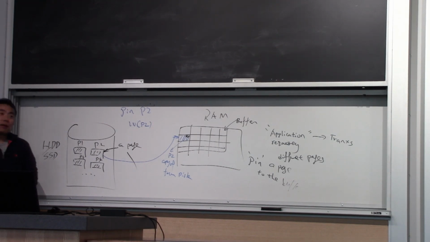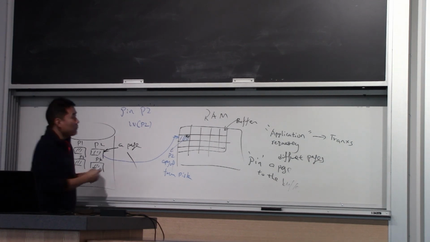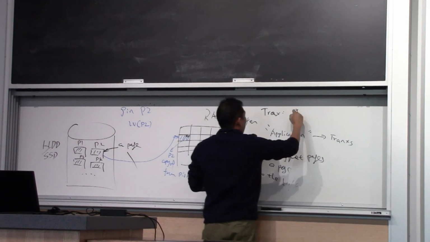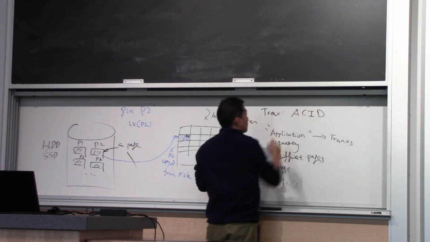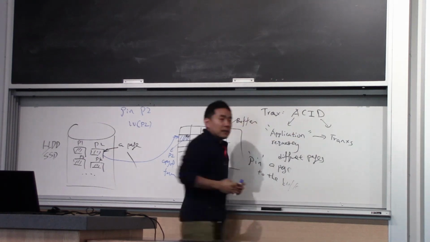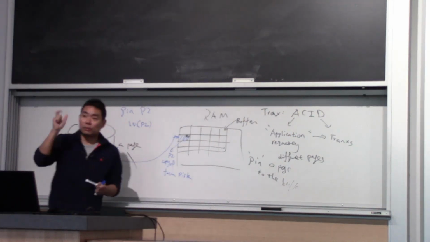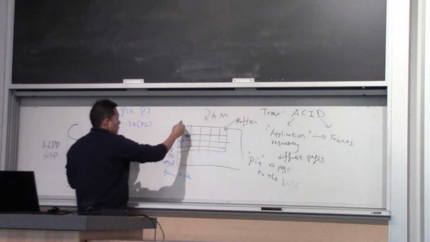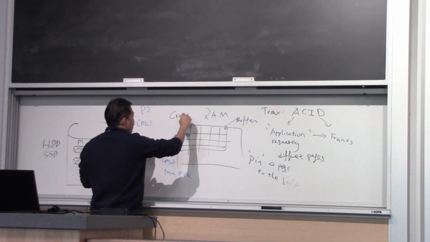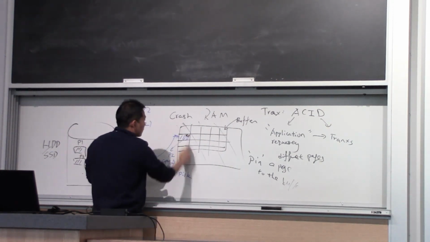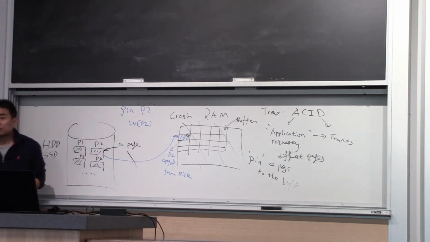This brings up a lot of challenges. Remember, transactions need the ACID property. In particular, it needs atomicity and durability. If the system crashes, this whole thing is gone, including this page in the buffer. Okay?